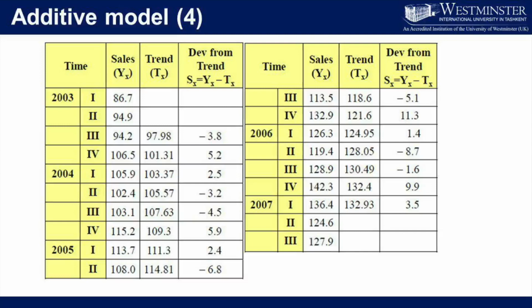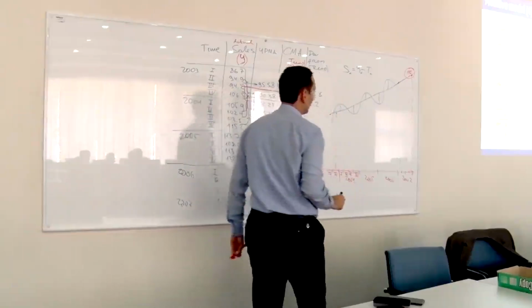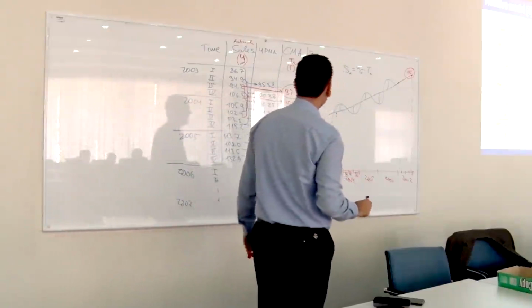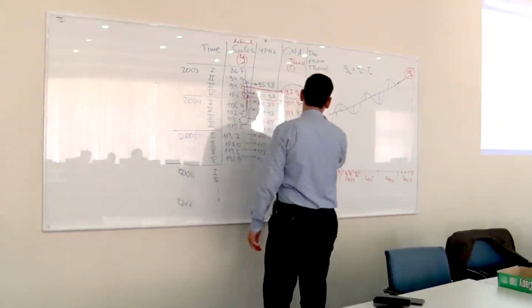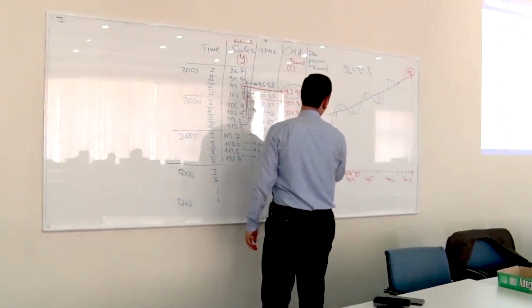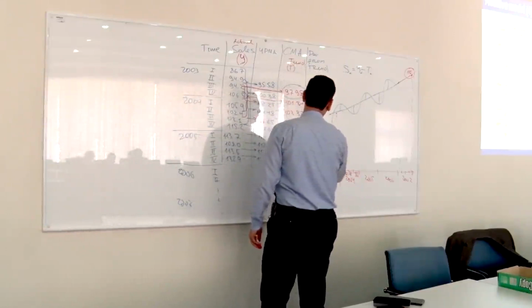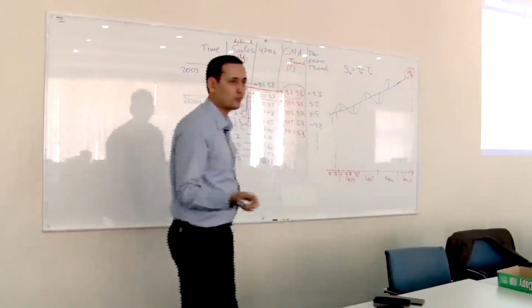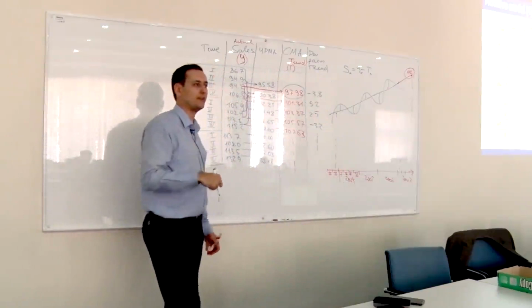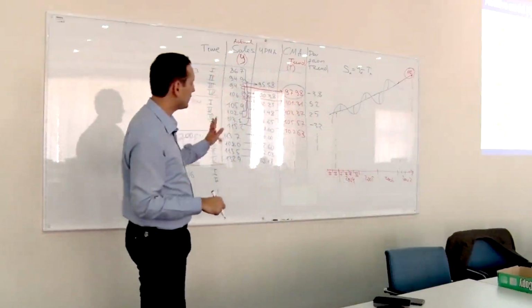The next one is 106.5 minus 101.31, which is 5.2, and so on: 2.5, negative 3.2, etc. You subtract everything one by one. So this is the next step.